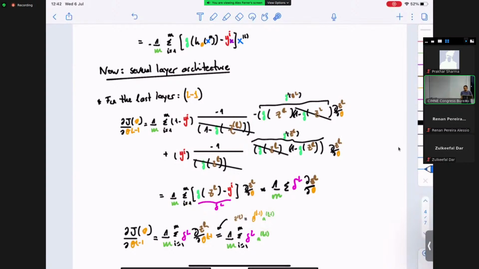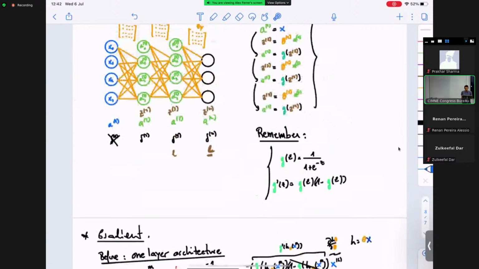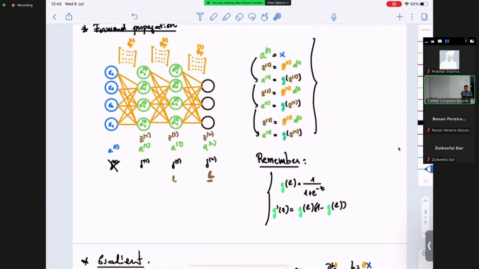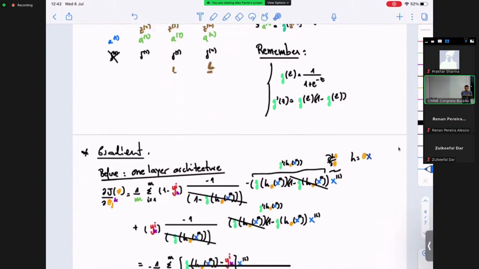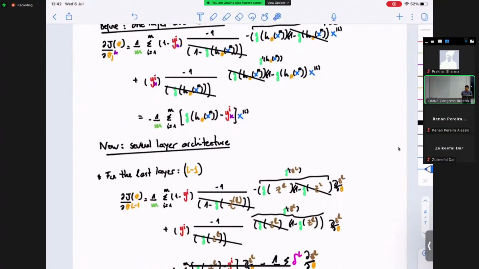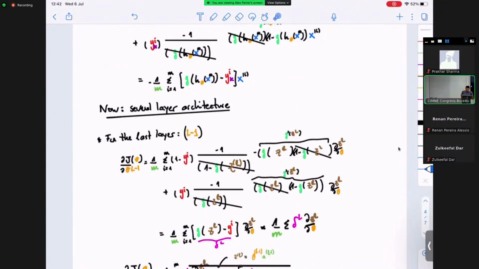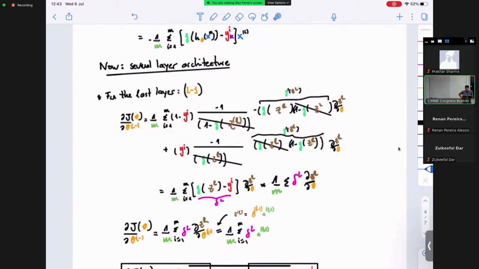And then you call this difference delta L. What is this difference? This is the error, in fact: how similar the numbers I have here are with respect to the output. And then you have the derivative of Z with respect to theta, which is X or A in this case.